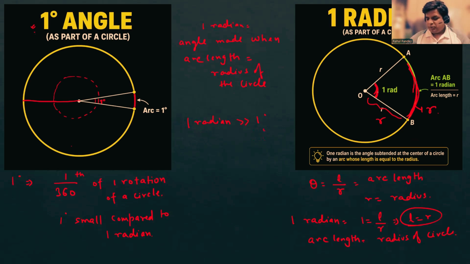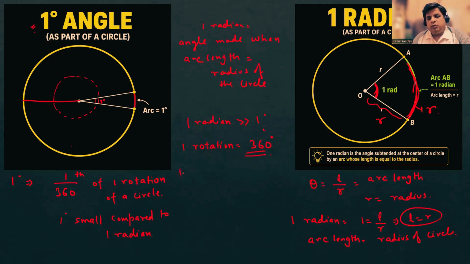Now, why is it important? Because I have seen a lot of students getting confused as to how big 1 radian actually is. So we all know the comparison, right? One complete rotation is 360 degree.